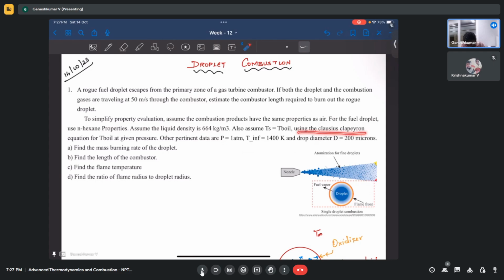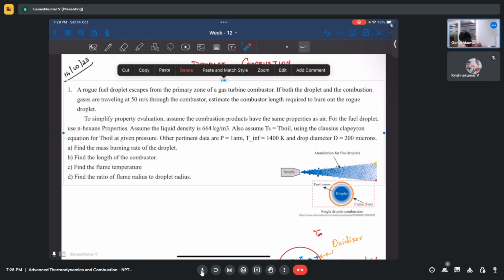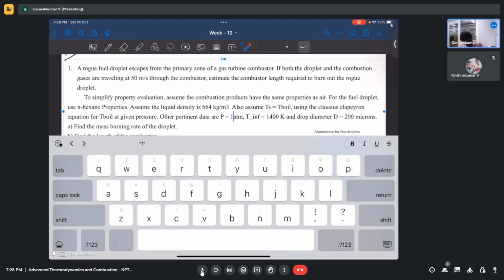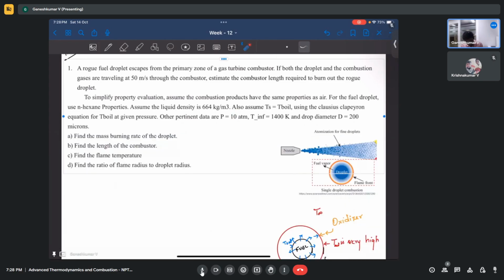Using the Clausius-Clapeyron equation for boiling temperature at a given pressure. So they were asking us to find the boiling temperature based on the Clausius-Clapeyron equation. And other pertinent data: the pressure should actually be 10 atmosphere, so let me quickly change it. All right.